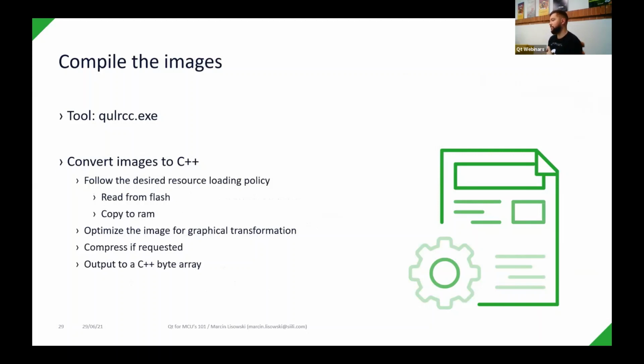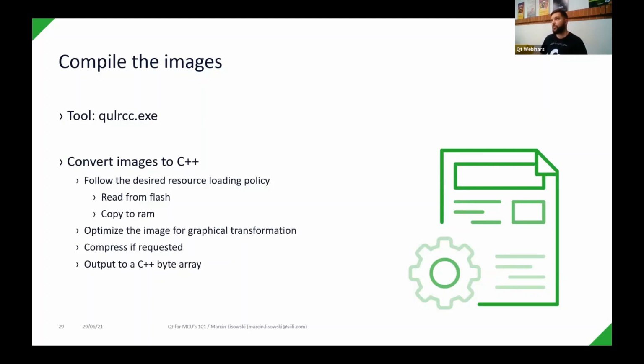So if you are going to have images in the compressed format on your hardware, it will just recompress those to the formats known by Qt for MCUs. It will also follow desired resource loading policy. So it will hold the information if your image is to be read from flash or it has to be copied to RAM.